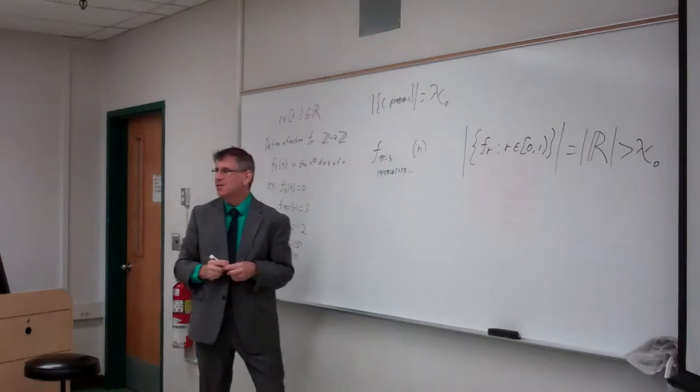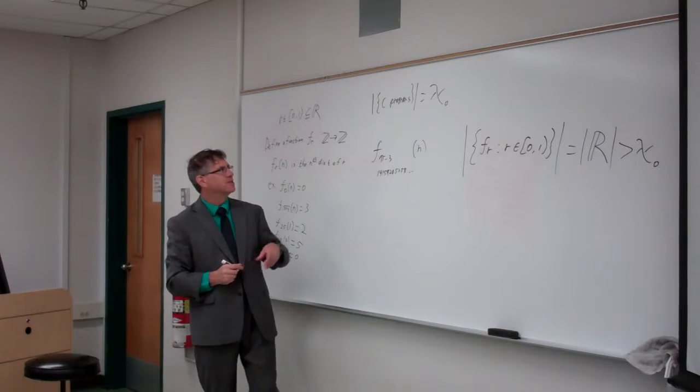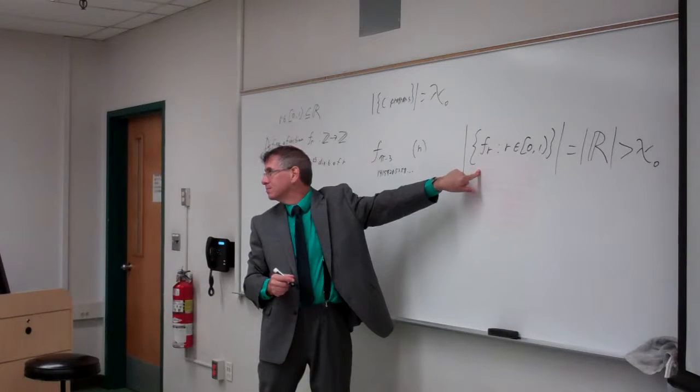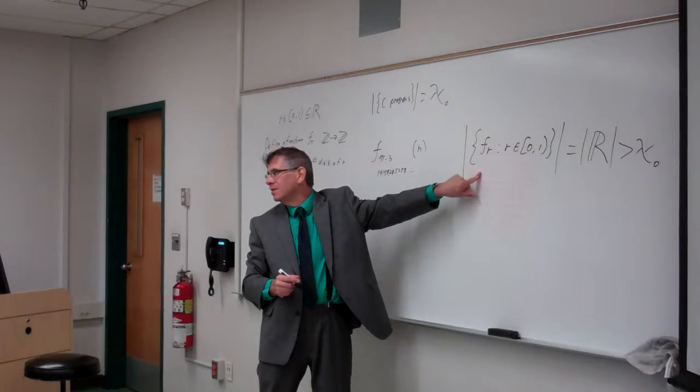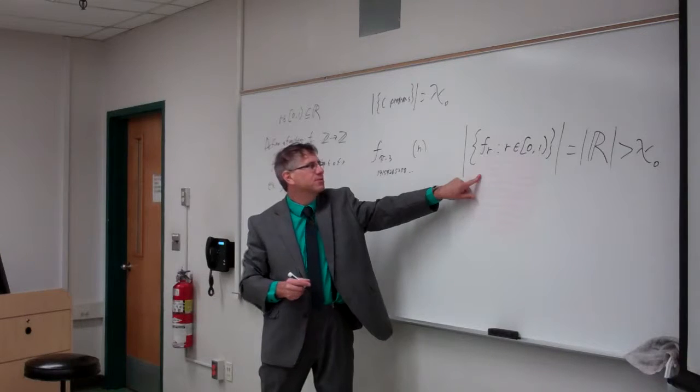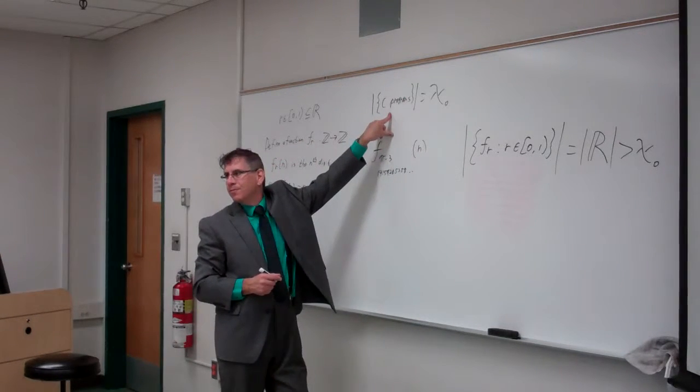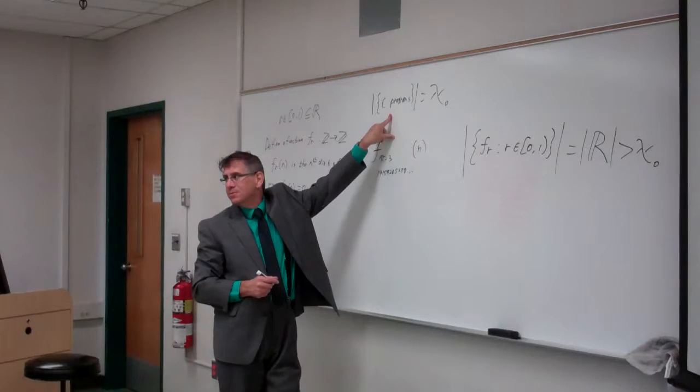Since it's bigger, it means I cannot find a one-to-one correspondence between the elements in this set and the elements in this set. Anytime I try to find such a correspondence, there will be elements in this set that don't correspond to elements in this set.